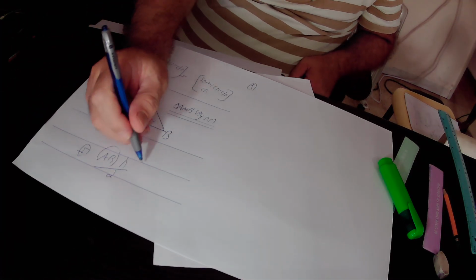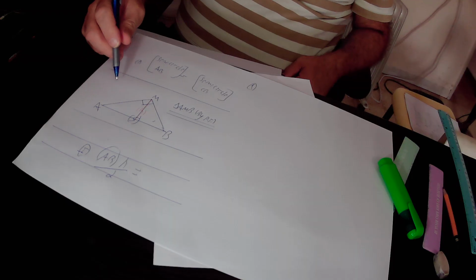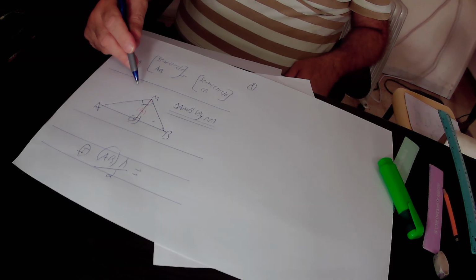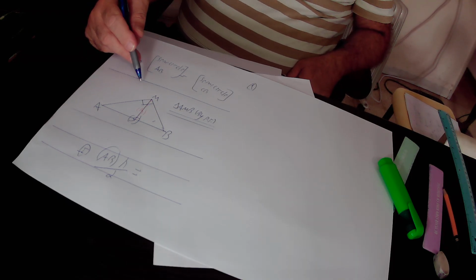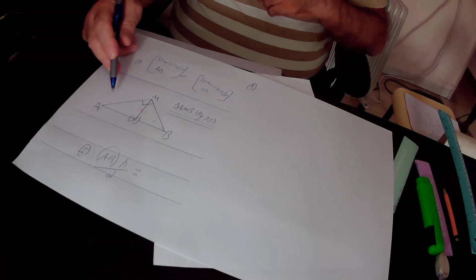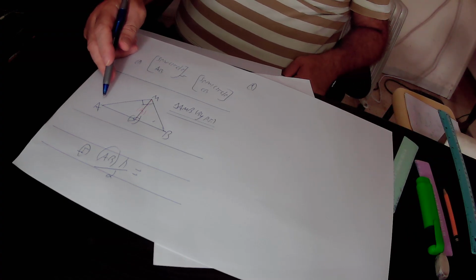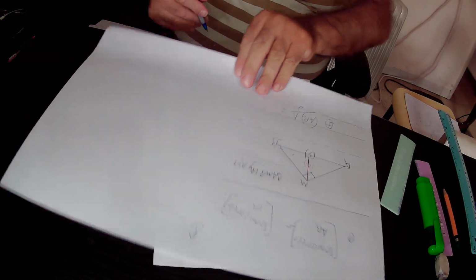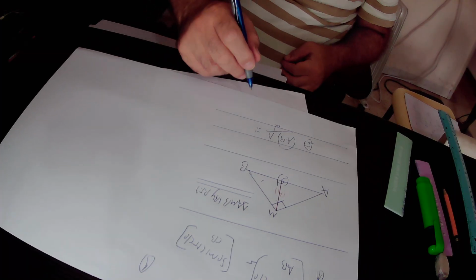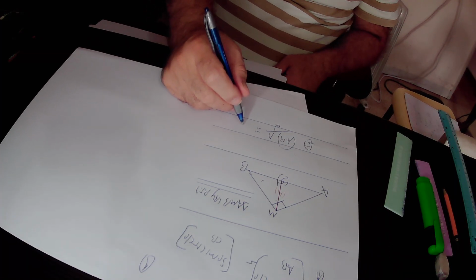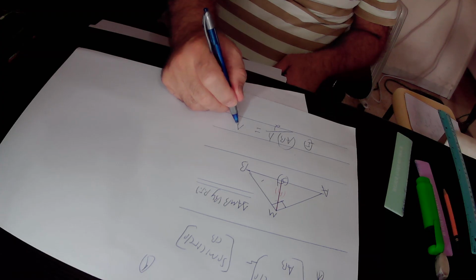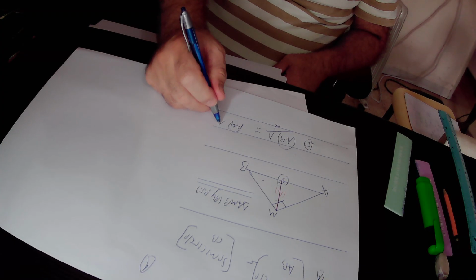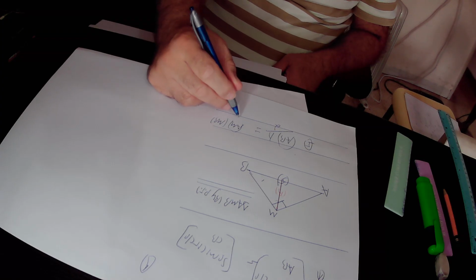In the next step, we will calculate the area of this triangle AMB in a different way. The area must be equal to the base AM times the height MB over 2.